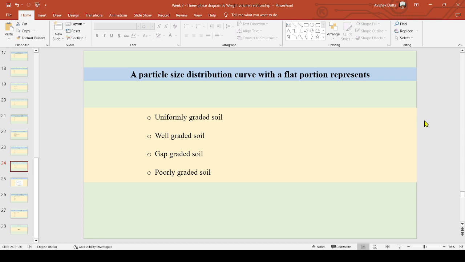Repeating: a particle size distribution curve with a flat portion represents uniformly graded soil, well graded soil, gap graded soil, or poorly graded soil. Okay. Next question.